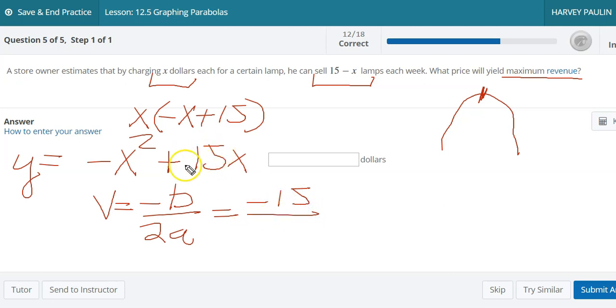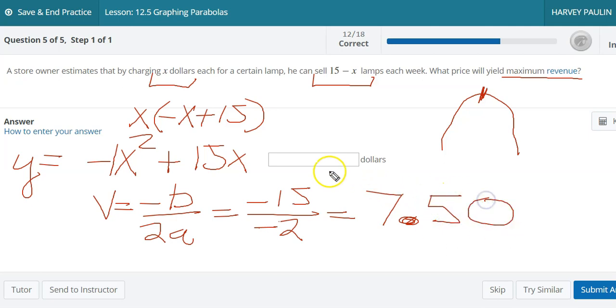There's our B, and our A is 1, so negative 2. So this is, when we reduce it, 7.5.